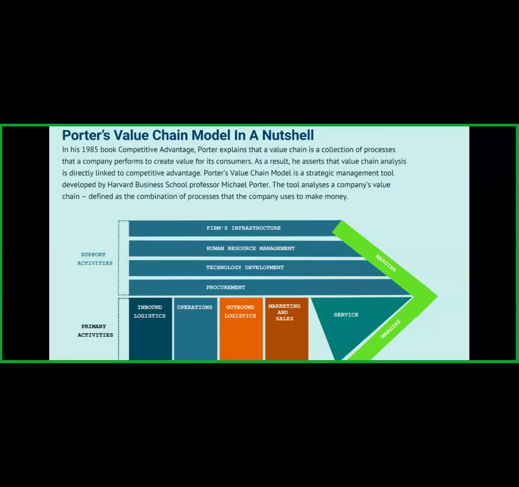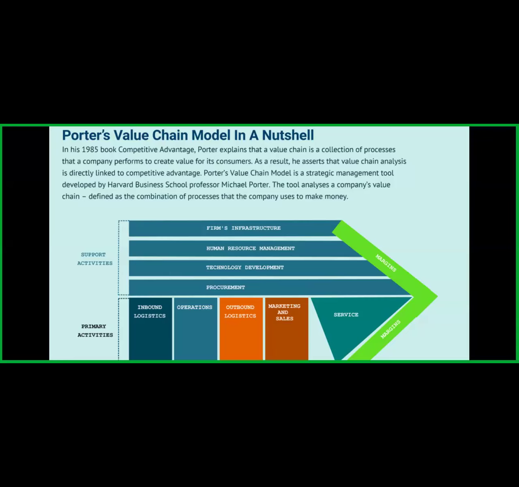Now, what activities are included under inbound logistics? All the activities which are related to receiving, storing, or distributing inputs. That's what we had just discussed: from where we are collecting raw material and how we are collecting raw material is included under inbound logistics.